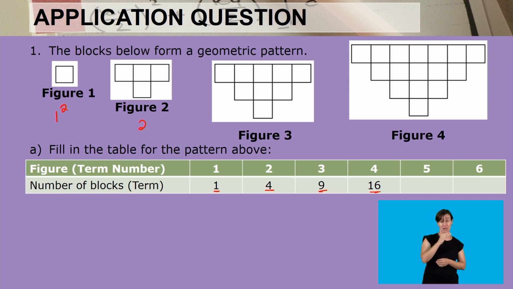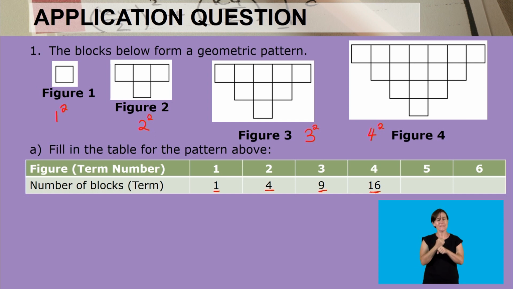If we say 2 squared, then we get the number of blocks, which is 4. What about the third figure? We say 3 squared, and that gave us 9. I'm sure you can see how the pattern is working now. For that fourth figure, it would be 4 squared, which is of course 16.